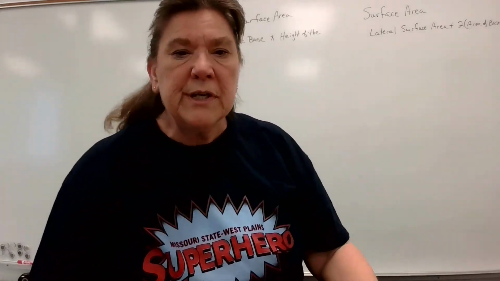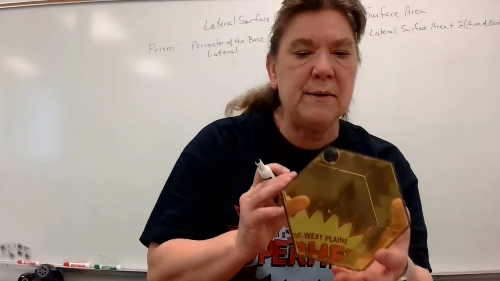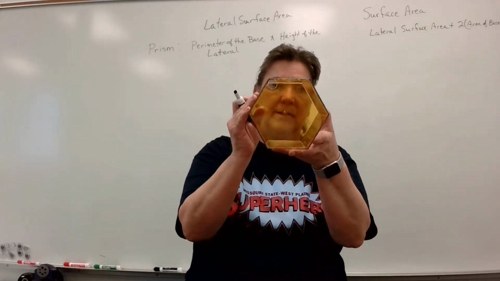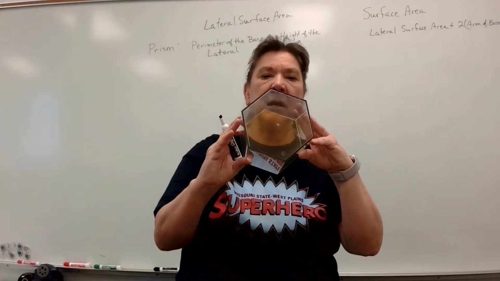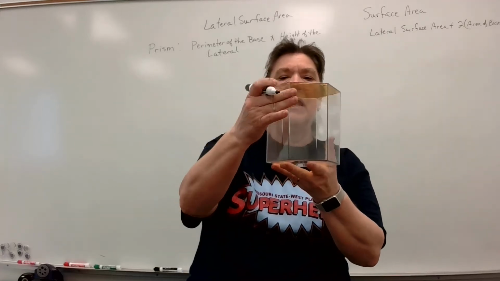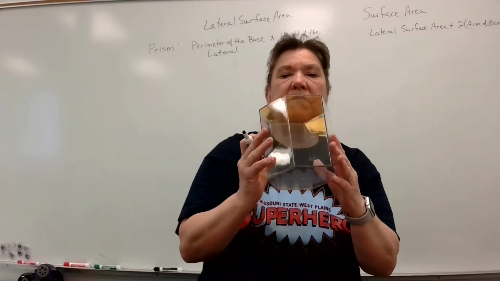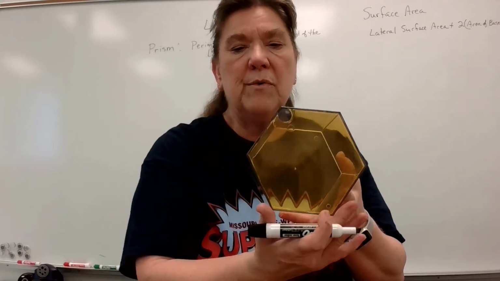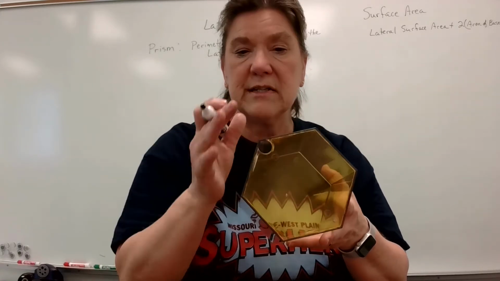If we were to look at another one of these shapes, the same kind of thing. Your base in this case is a hexagon. See the hexagon? The top is also a hexagon. The lateral is this. So you would figure out first the perimeter of your hexagon. So you would need to know this: what is the measure of the side of the hexagon?